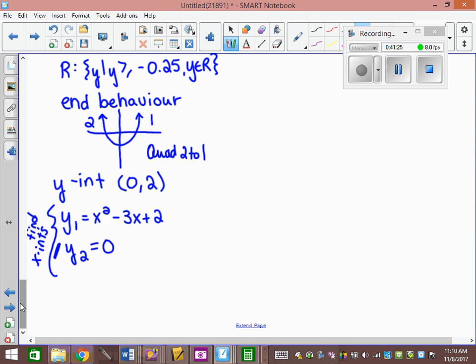So go to your window and make your y min be -1 instead of whatever you have it at now. How many times does it cross the x? 2. They're really close together.